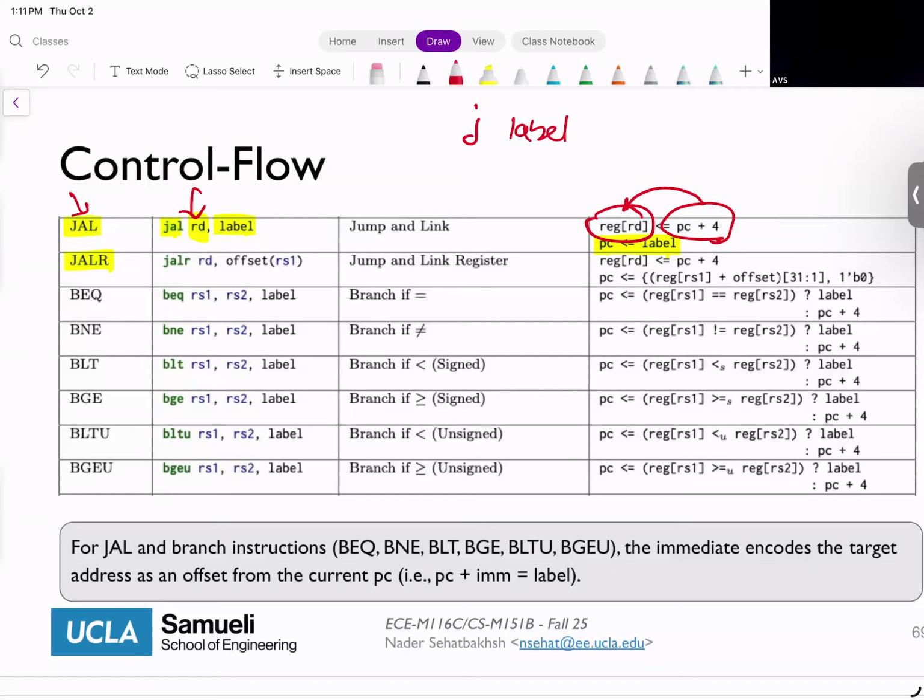That is, take the label and write it to the PC. The RISC-V designers decided to make this slightly more complicated and add the link, which is the second part. That is, I take PC plus 4. The reason for PC plus 4 is that I want to remember the next instruction. I don't want to remember the current instruction, because if I jump back to the current instruction, that will create an infinite loop.